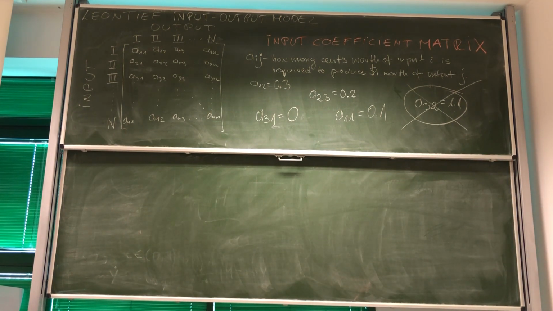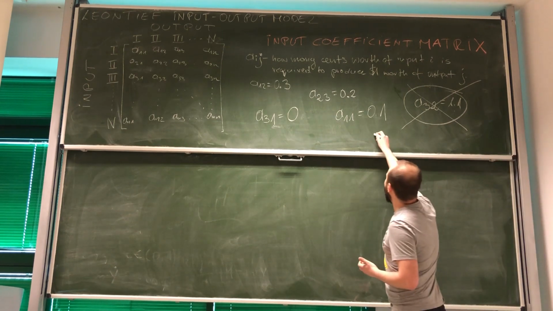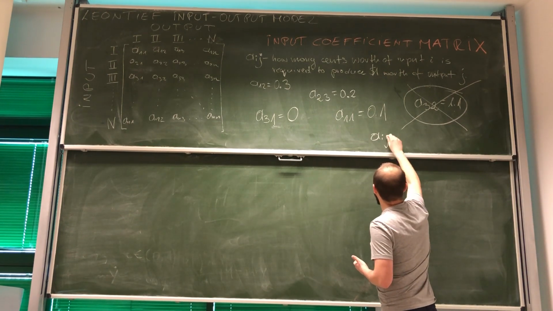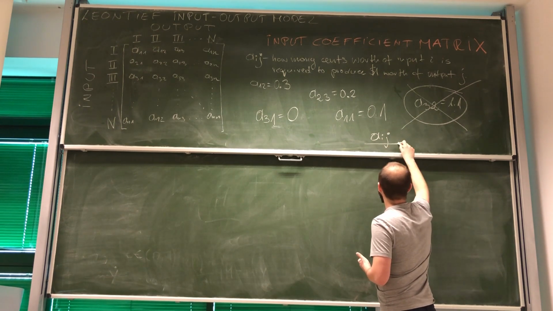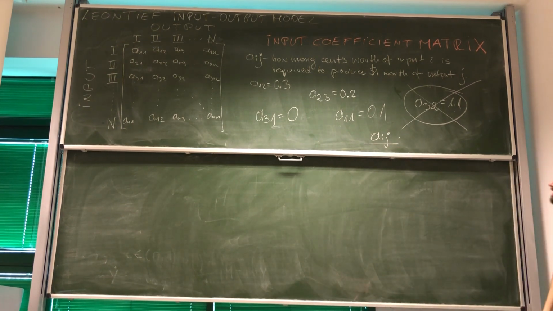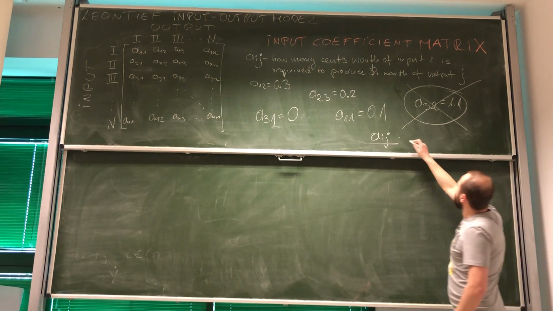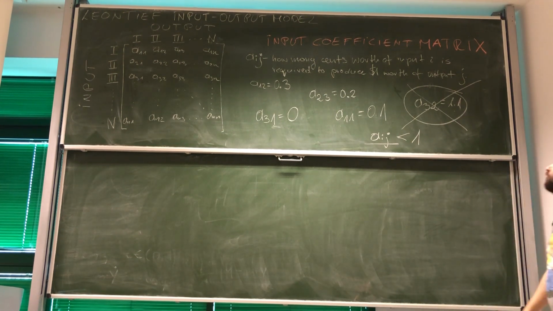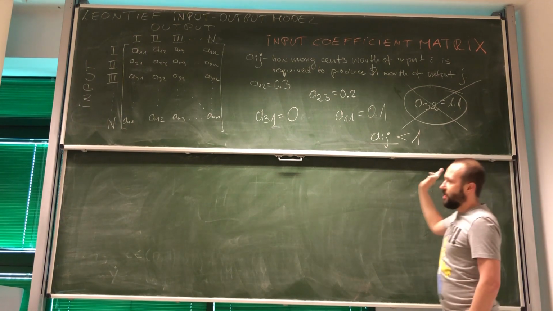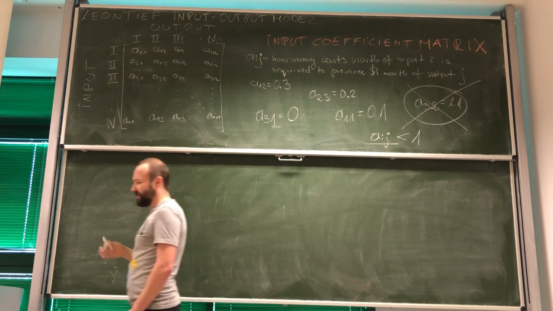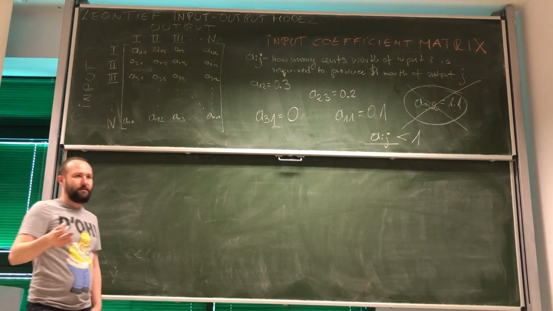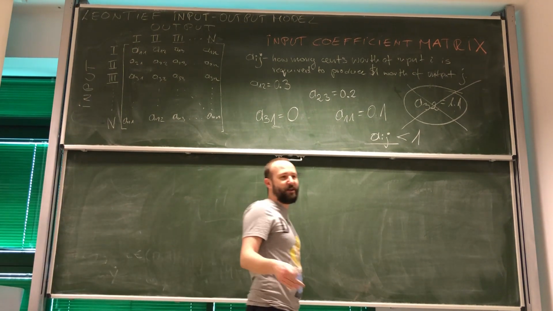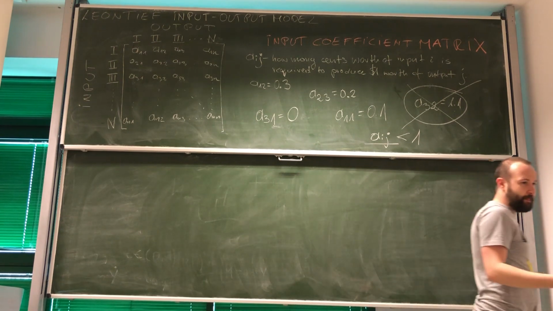But again, we already noticed that a_ij, one single coefficient, should not be higher than 1. Actually, it should be lower than 1, because otherwise it would be pointless to produce a good on which we cannot make money; we would just be losing money.